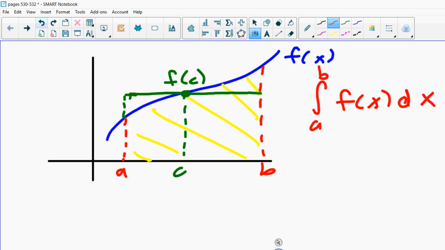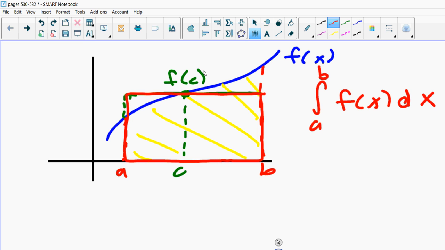Now what I want to do is find the area of that rectangle. How do you find the area of a rectangle? Base times height. What is the base of that rectangle?